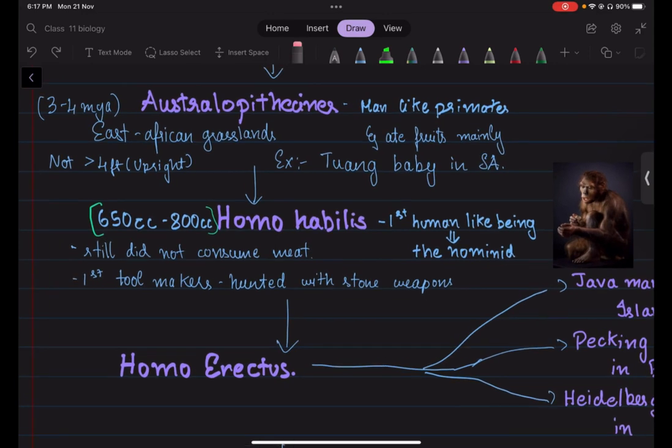They hunted with stone weapons, but they did not use them to consume meat, they just practiced hunting.